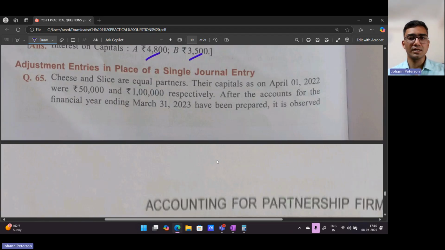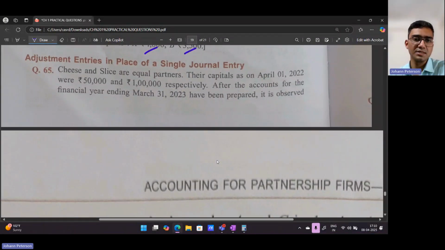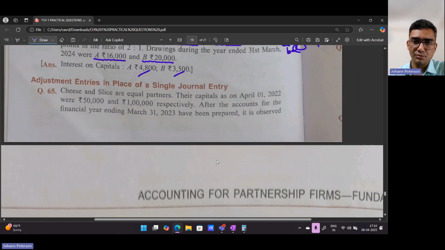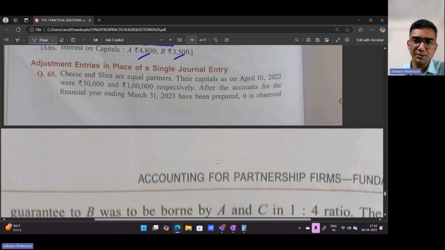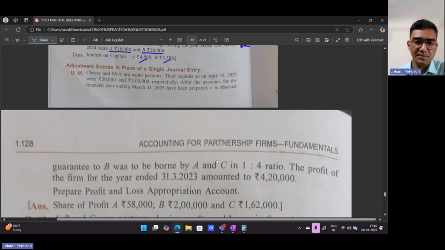Okay, now let's look at one more question, which talks about adjustment entries in place of a single journal entry. And how is such a thing done? So let us read the question and then I'll tell you what we have to do in this.